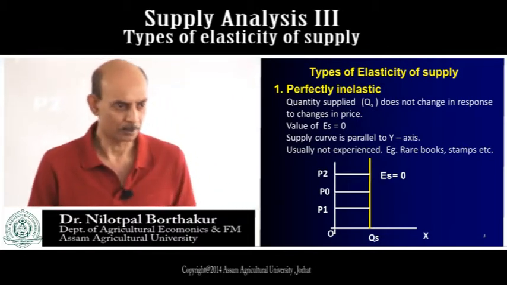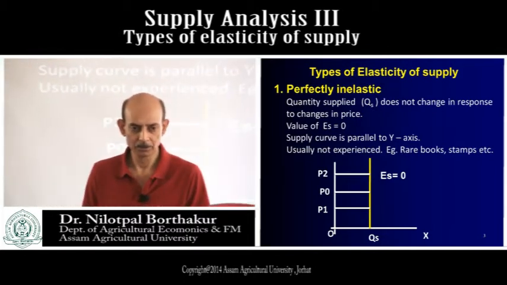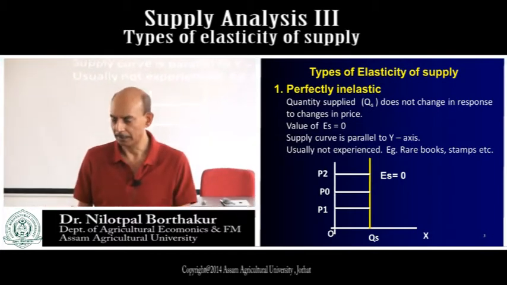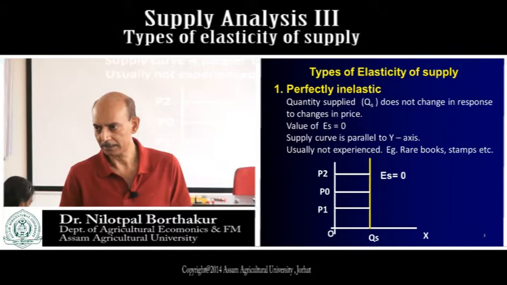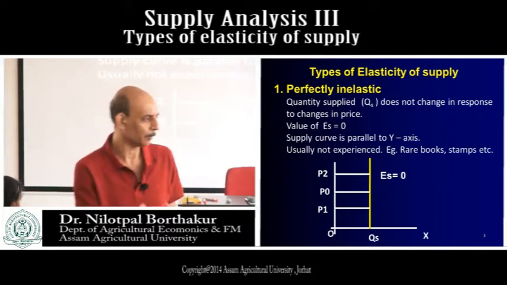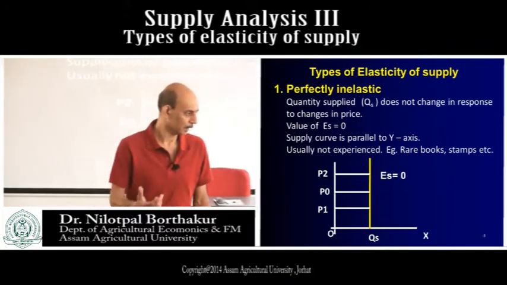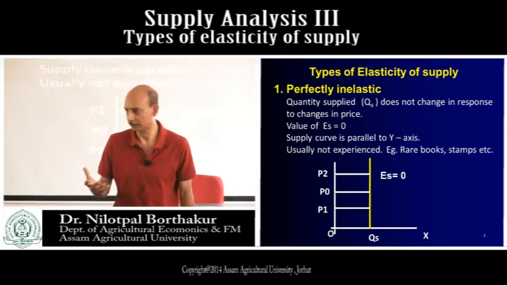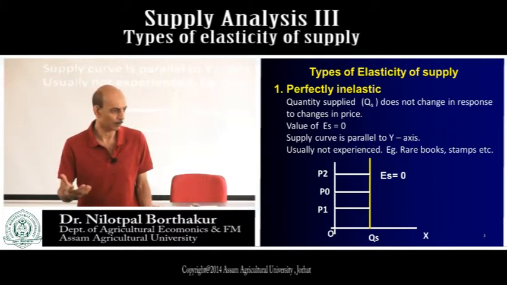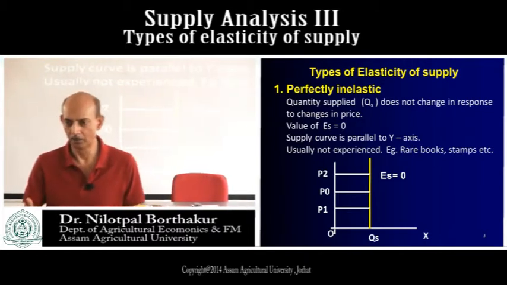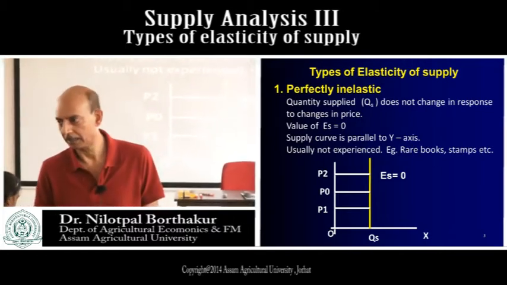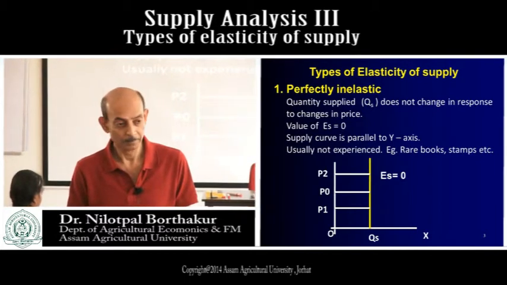In case of auctions, even if the price goes up, the quantity supplied cannot be increased for antique products. Suppose Mahatma Gandhi's watch is being auctioned. Even if you are willing to pay more, the number of items cannot be increased.